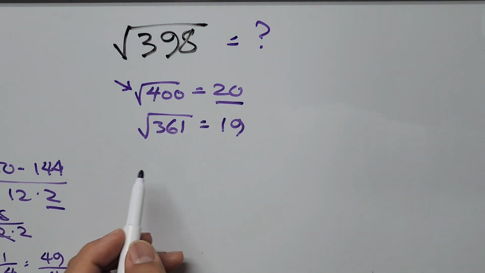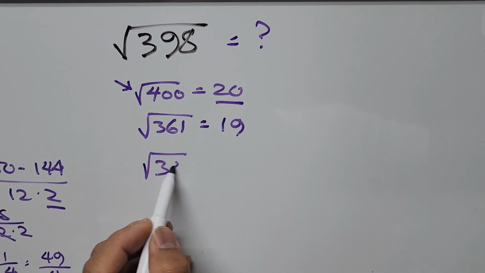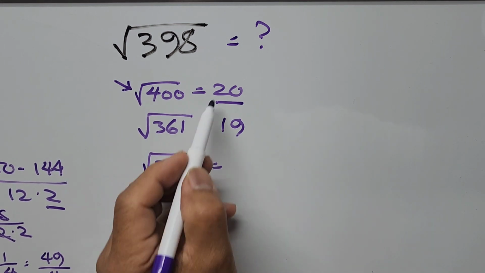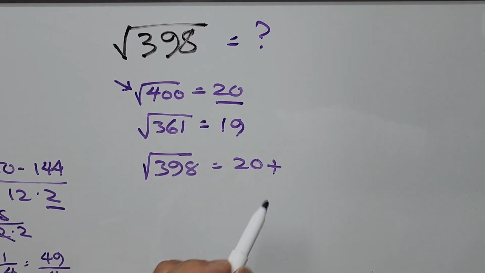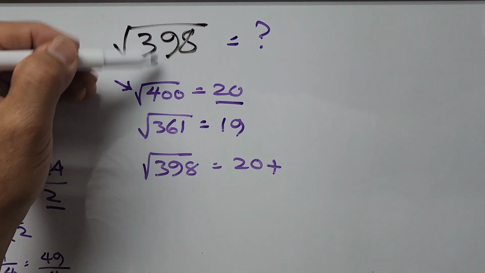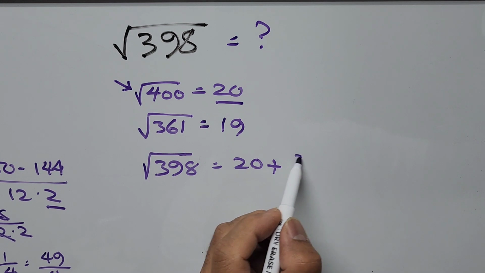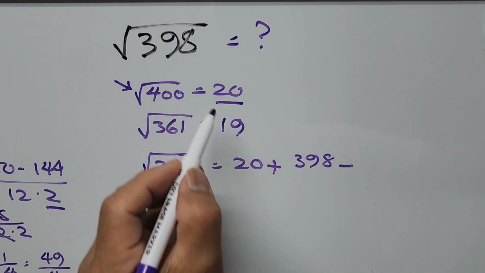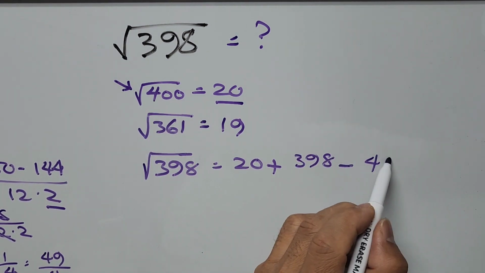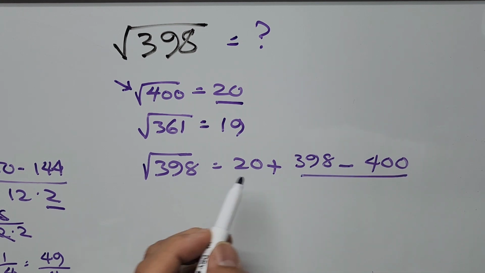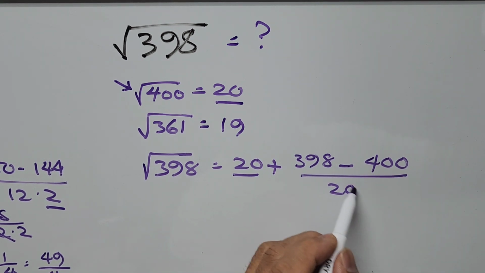So here now, the square root of 398 equals 20 plus the difference of these two numbers being compared. So we have 398 minus 400, all divided by the base number, that's 20, and then always times 2.